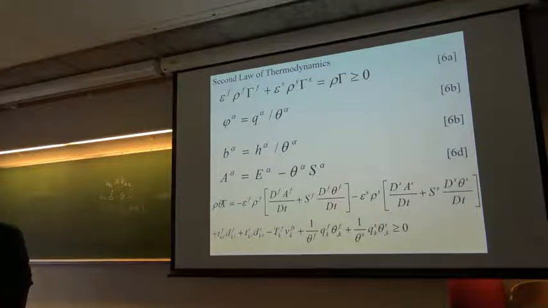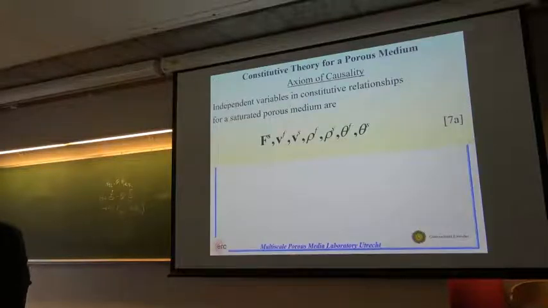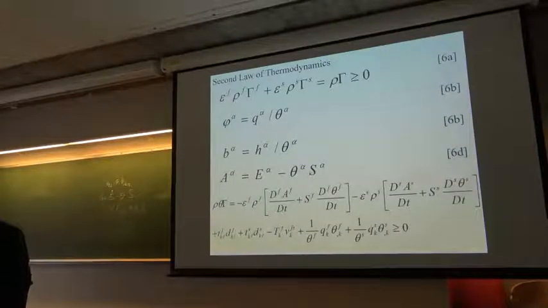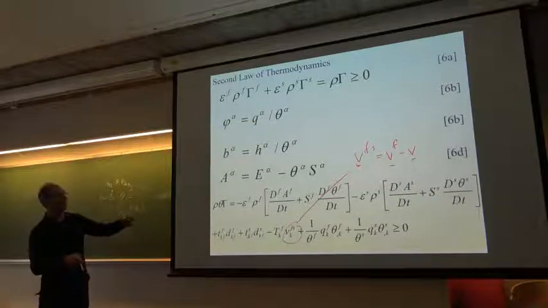I have used the notation here that V_FS is the velocity of the fluid minus the velocity of the solid. So that's the relative velocity of fluid to solid.